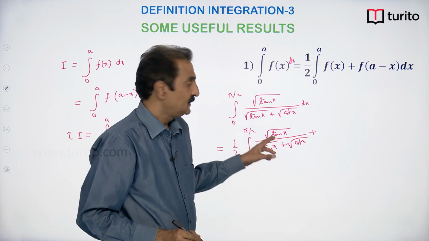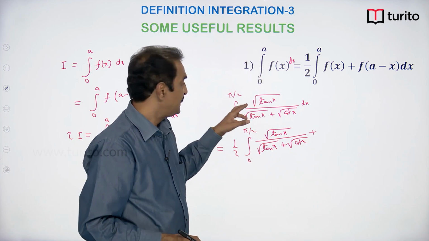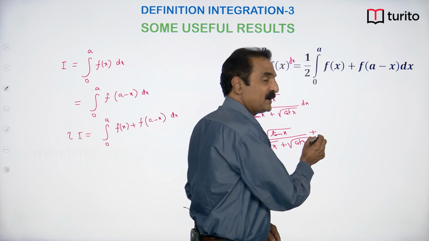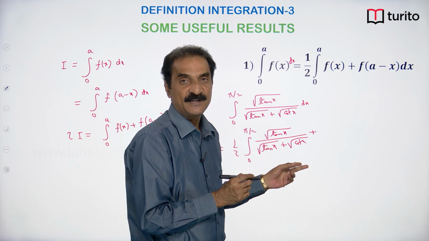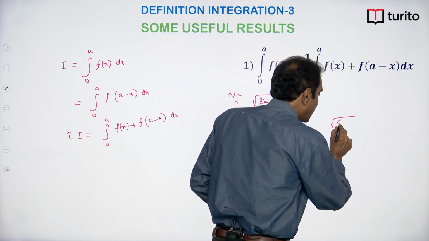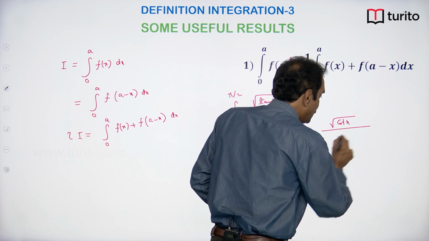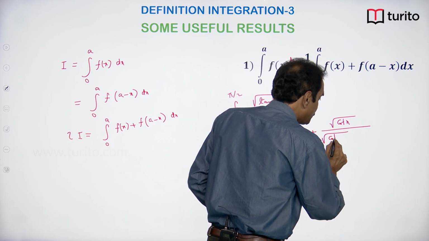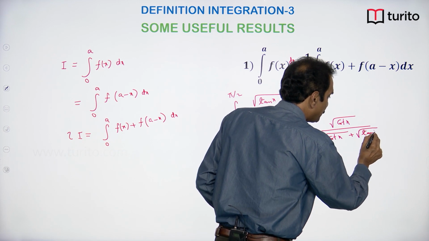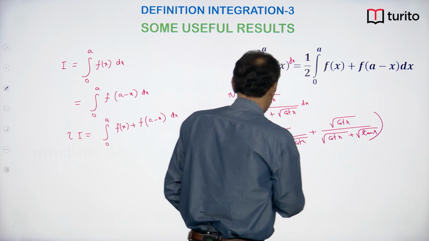plus f of a minus x, meaning replace x by pi by 2 minus x. Then tan of pi by 2 minus x is cot x, cot of pi by 2 minus x is tan x. So, this becomes root cot x by root cot x plus root tan x dx.